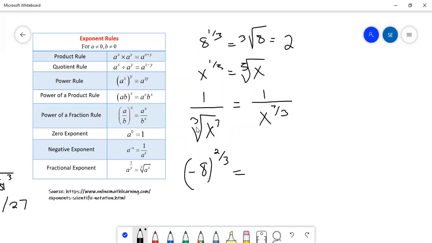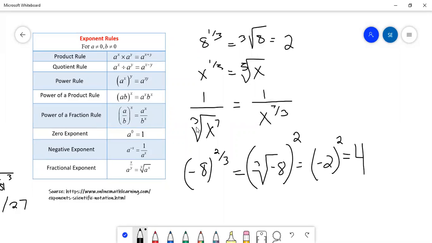So this becomes the cube root of -8, and all of this is going to be squared. The cube root of -8 is -2, because -2 times -2 is 4, times -2 gives us -8, and then we want to square this. So this is equal to 4.